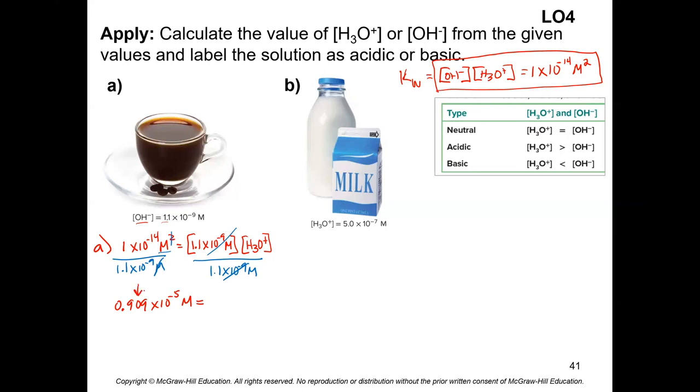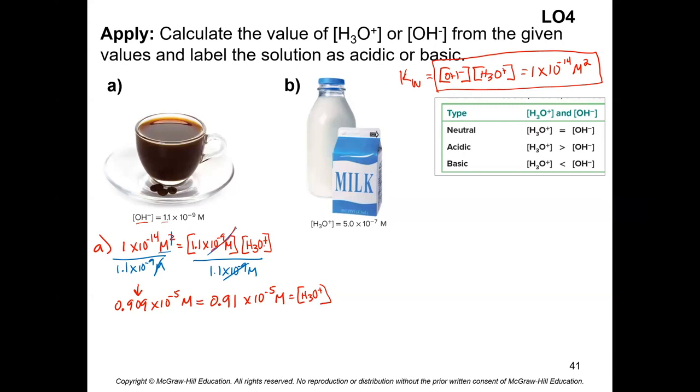If it's greater or equal to 5, then I have to round this number up. It is a 9, so I do need to round up the 0. So I will round it up to a 1. This will be times 10 to the negative 5 molar. So this is how much H3O plus concentration I have, as I canceled these and solved for H3O plus.